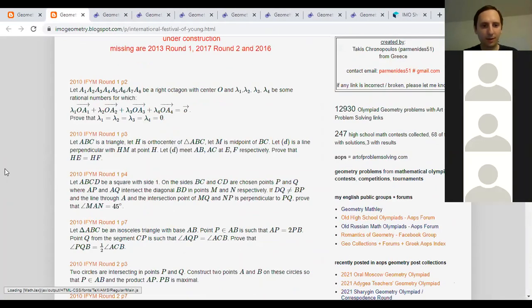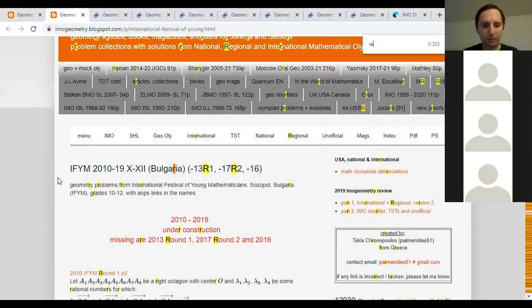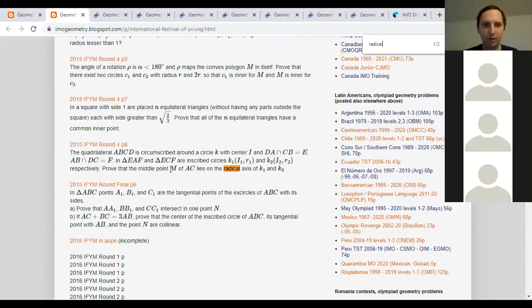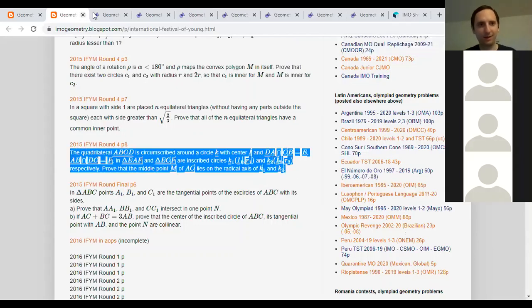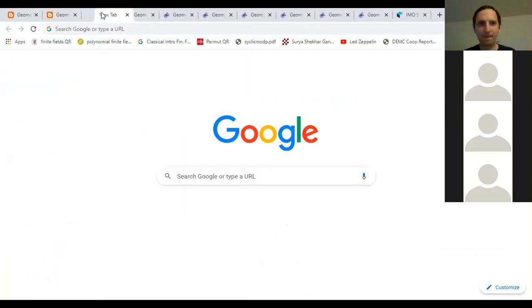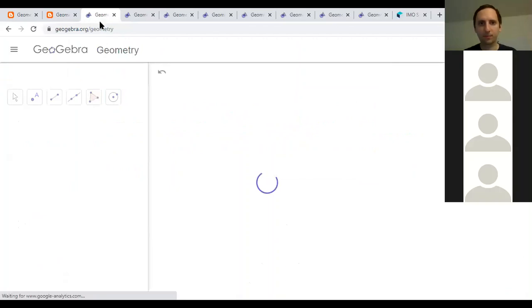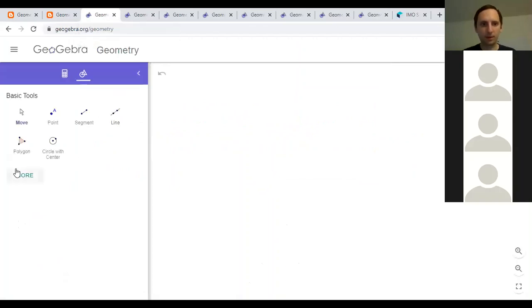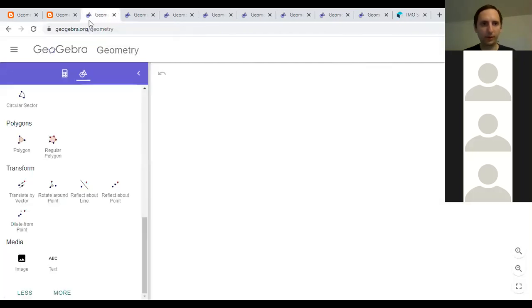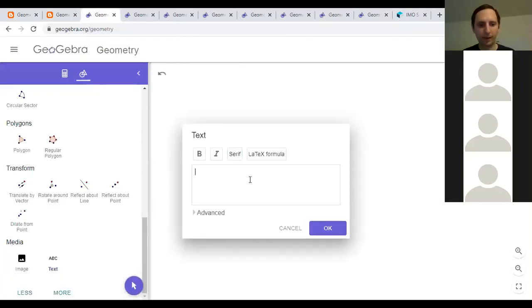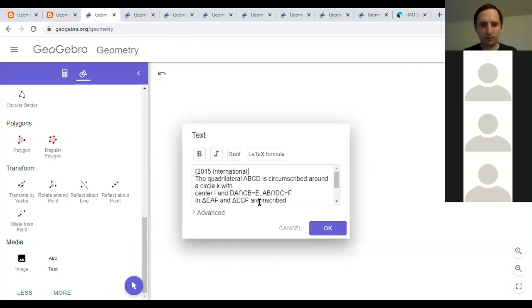Yeah, this one. 2015 International Festival of Young Mathematicians.